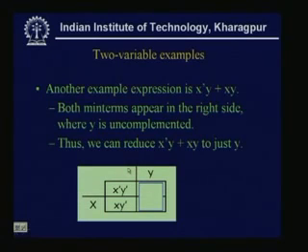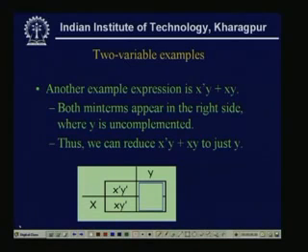Now, we take another two variable example. Say this is x dash y plus x y. Again if we mark it, the first row is the literal x dash, the first column is y dash. For two variables, this map is a 2 by 2 table.